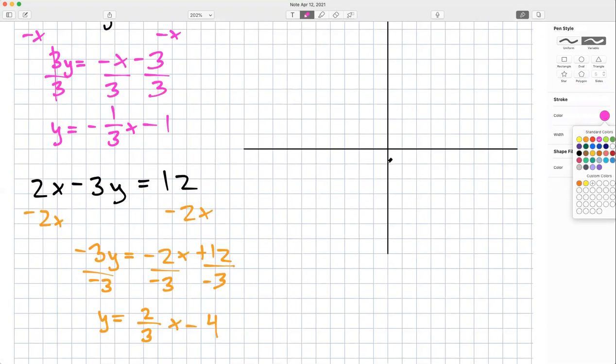So -1 is our y-intercept there. And then what is the rise and the run? Well, I'm going to say the rise is -1. The run is +3. Remember, if it's negative, the slope is negative. That means that only one, the rise or the run, has to be negative, not both. Okay? So negative 1, so that means go down 1 and then right 3. Down 1, right 3, down 1, right 3. And that's our line.